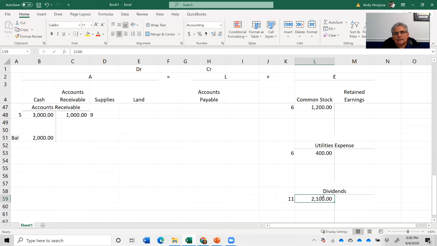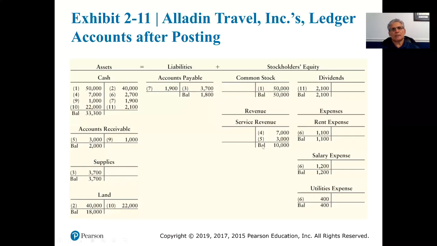So all of our balances are updated. We know exactly what we have in each T account. The T account is a representation of the ledger, so we should be pretty good to go. If we wanted to see all of these on one screen, we could take a look here.